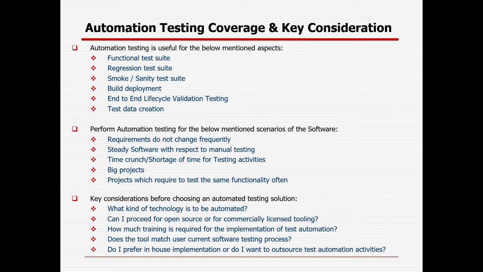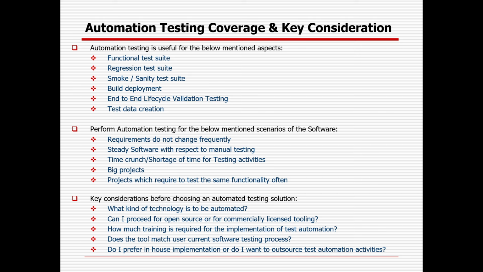So once your requirement and application are stabilized, then you can start automation testing. Wherever you need to test the same thing multiple times, n number of times regularly, you can go for automation testing. And for a big project, wherever there is a time crunch and you need to finish testing within a particular time frame, you can go for automation testing.